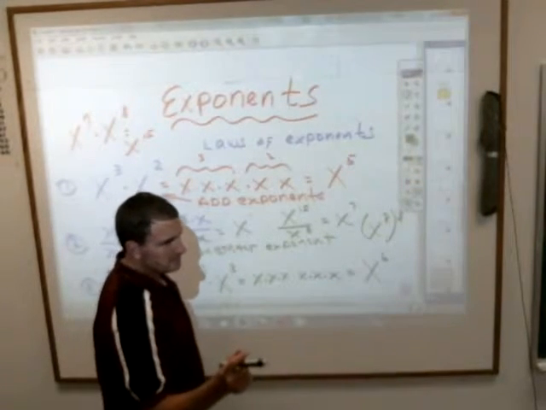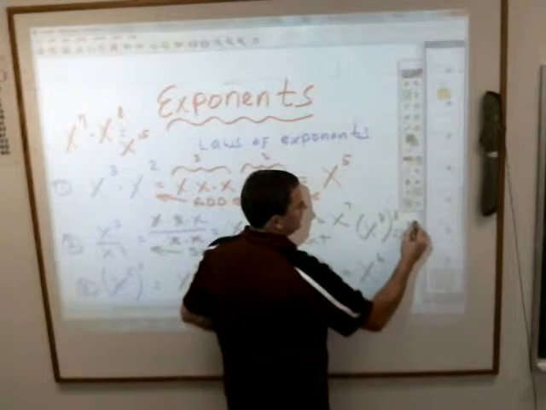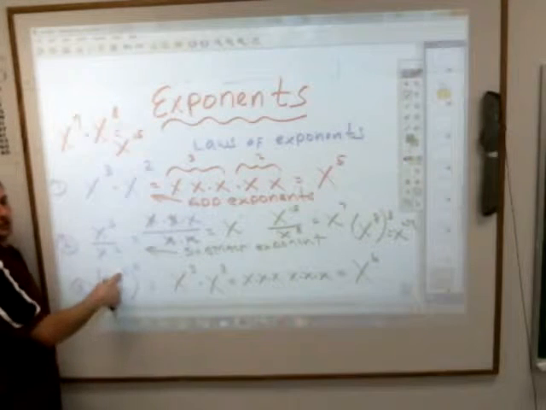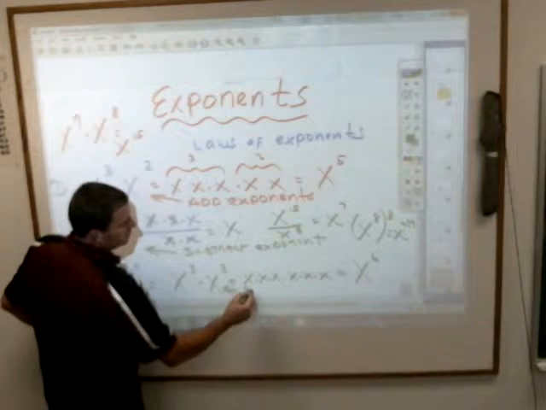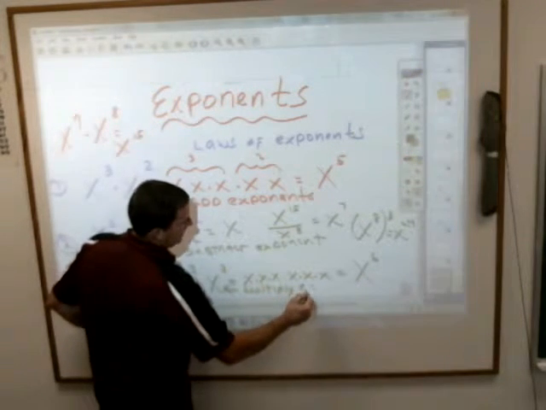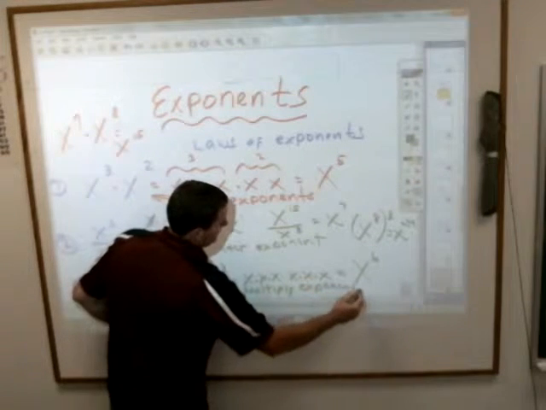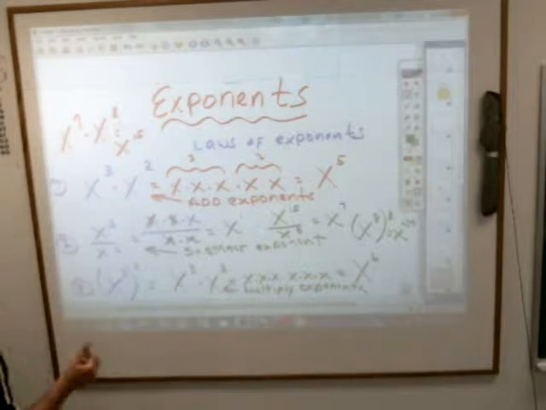Demetra, it is x to the 24th power. And the rule of that is that two exponents get multiplied. Multiply exponents together. And we will do a bunch of examples in just a second to make sure that you have some firm grasp of reality here.